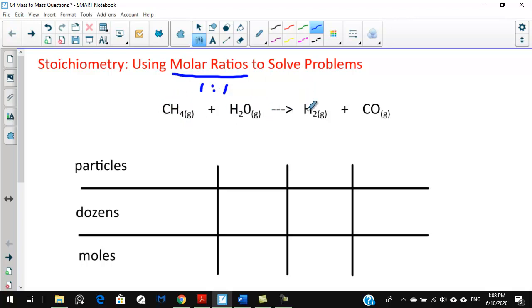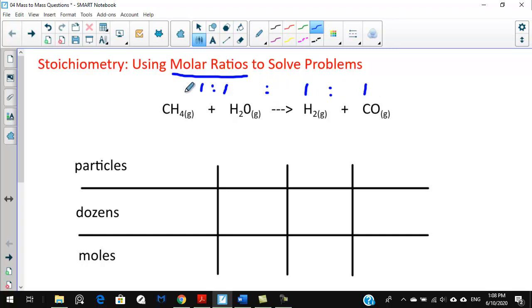And then because this is a balanced chemical equation, we make one molecule of hydrogen and one molecule of carbon monoxide. So the ratios here are all 1-to-1-to-1. If I use up two of these, then I need two of those, and so on. So we can use that ratio to solve problems.